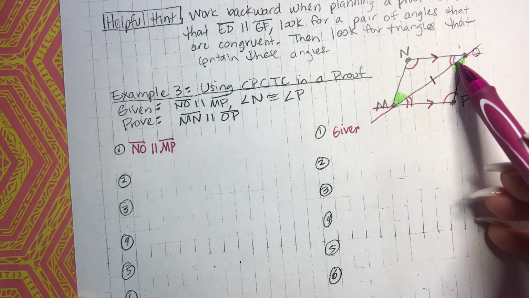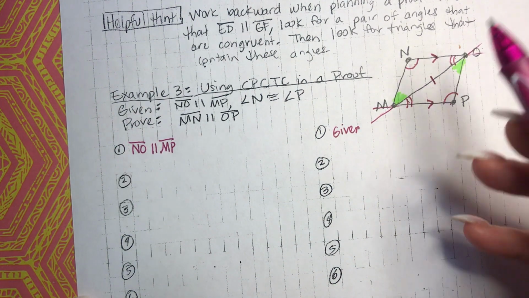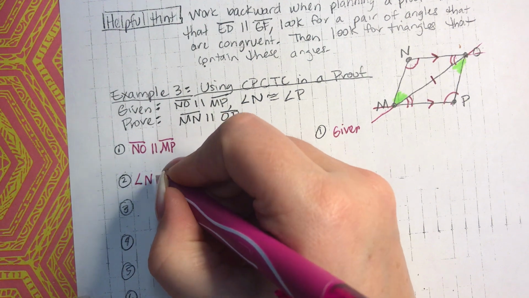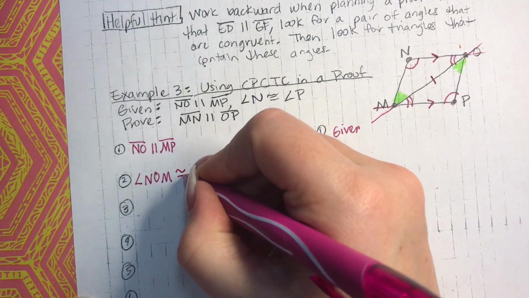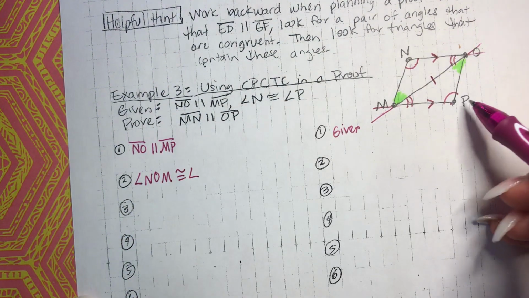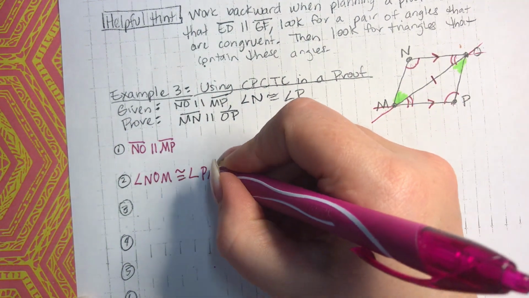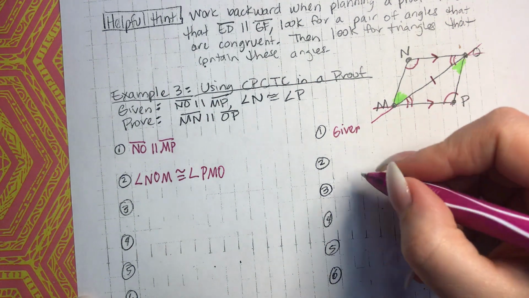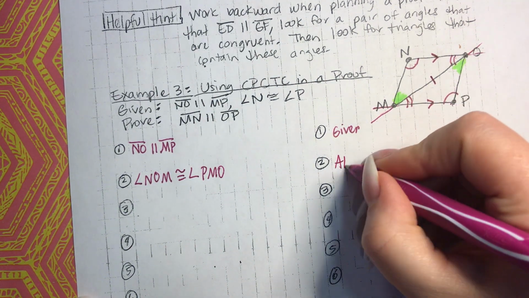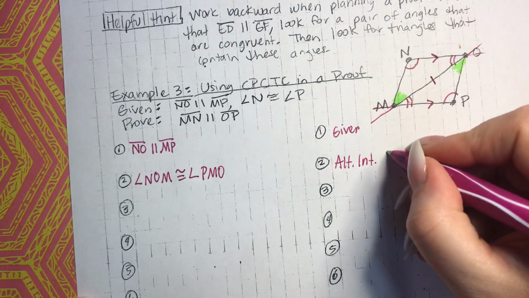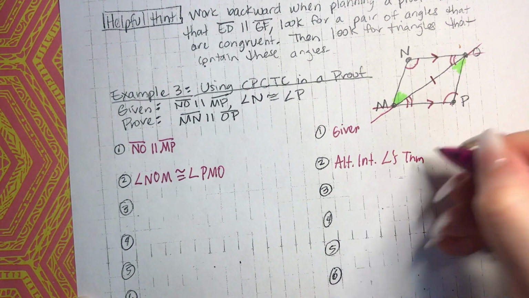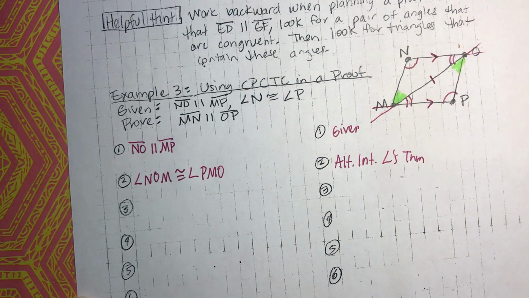So angle NOM is congruent to angle PMO because of the alternate interior angles theorem. Okay, so we have that one.